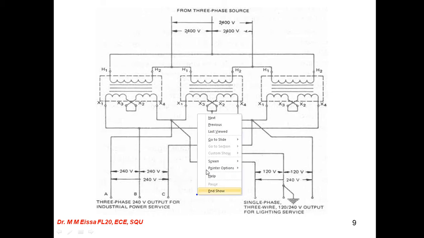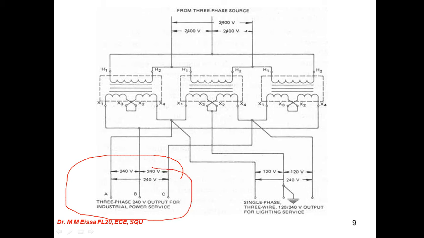So for example, we can connect this for delta connection ABC. For industrial, for example, here we have the input for the three windings. Through the three windings we can connect the tabs, or the leads, and make these connections as well.